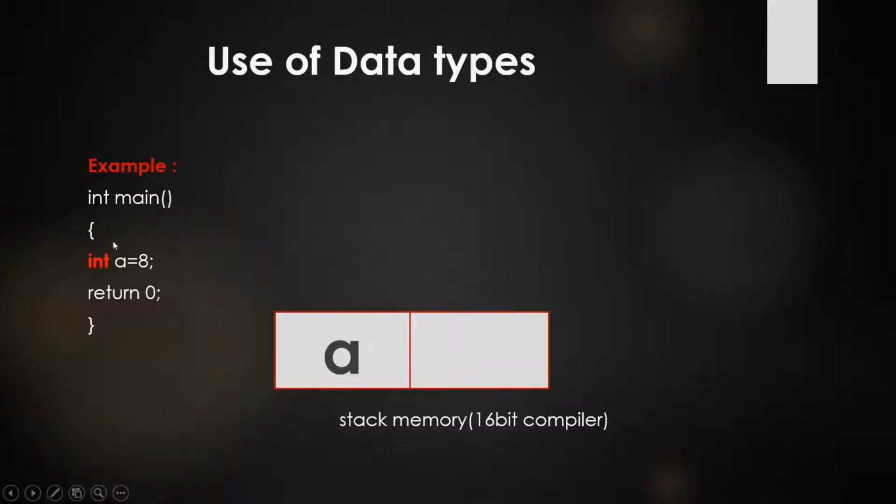That's the main use of the int data type here. By seeing this data type, the compiler will allocate 2 bytes of memory for this variable, one byte with a and the other byte empty. This is an example diagram of stack memory allocation for the 16-bit compiler.